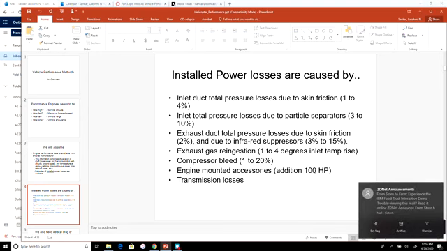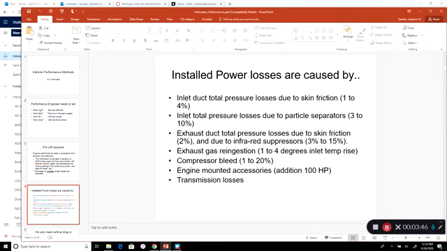They all produce losses. An exhaust duct, if it's long, may produce some losses. If you have infrared suppressors, which mix hot air and cold air so that warm air comes out, these can also produce losses.